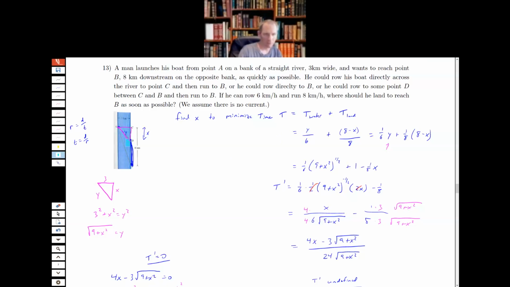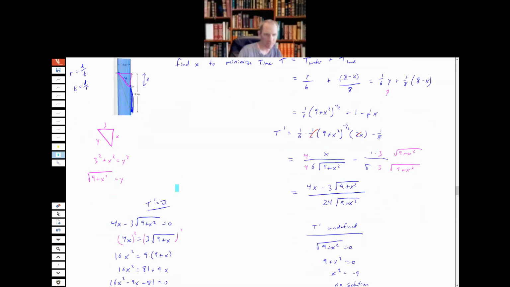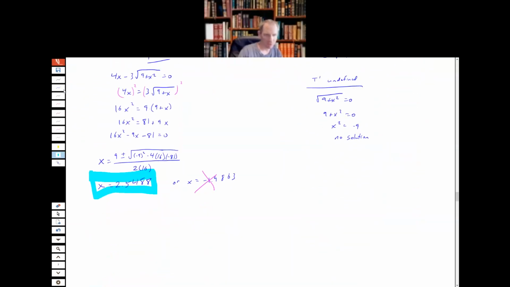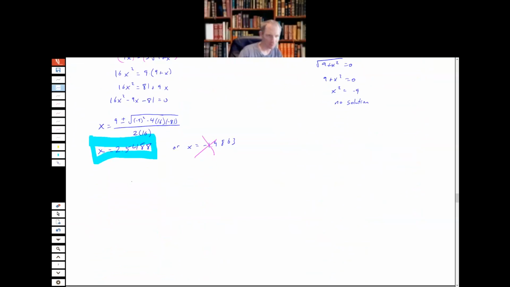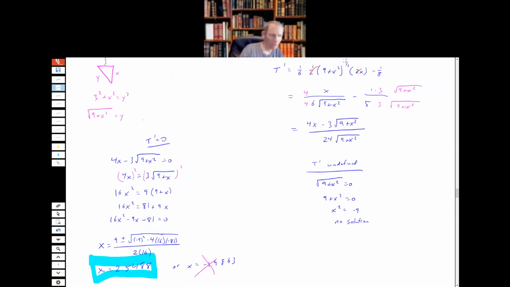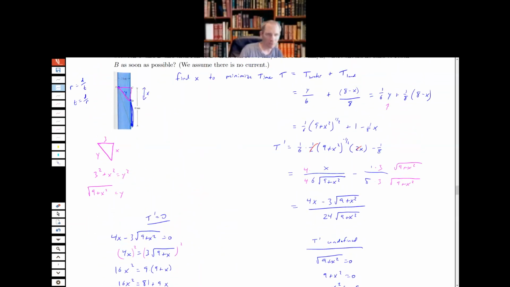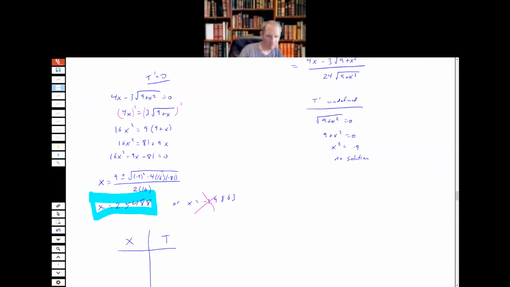We're still not sure, though, is that the best option straight across, or is straight down the best option? So what I'm going to do here is I'm going to compare them all to each other. So I'm going to look at x values, and I'm going to look at time. So straight across would be an x value of 0, and straight down would be an x value of 8.